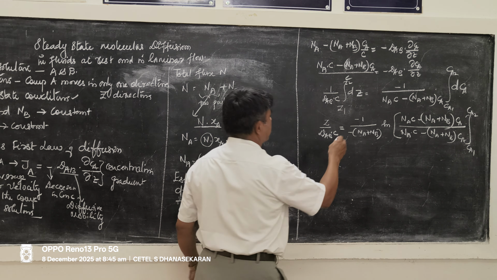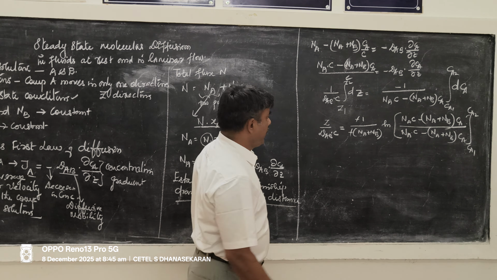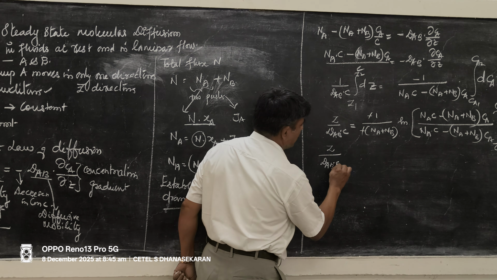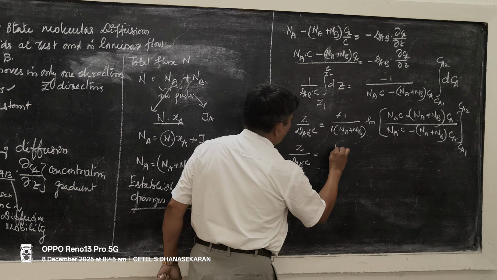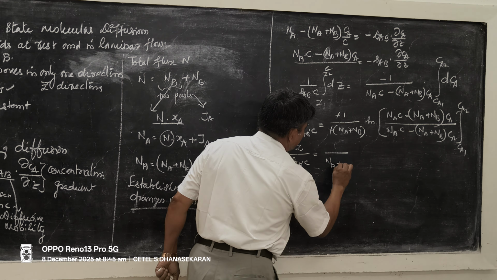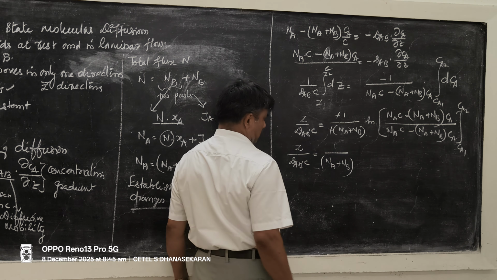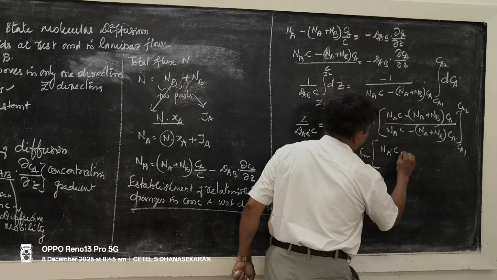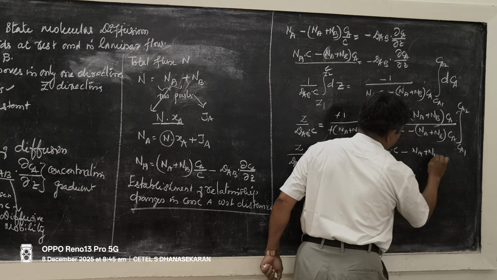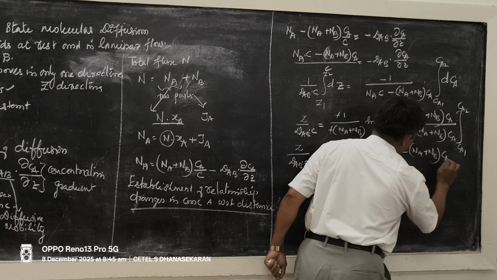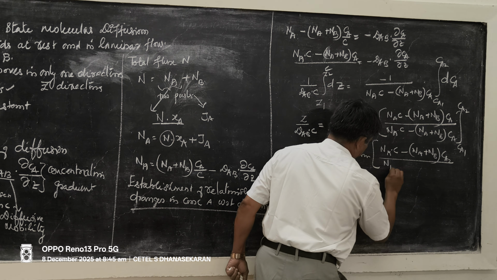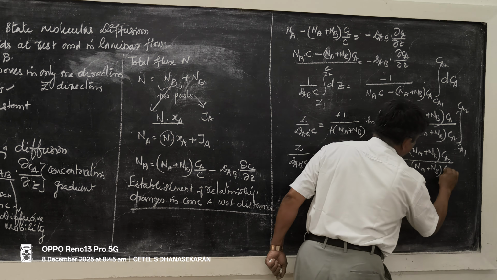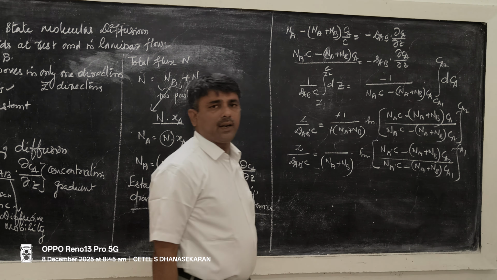Okay, minus minus gets cancelled. The remaining things are Z into DAB into C is equal to 1 divided by (Na plus Nb) into ln of (Na into C minus (Na plus Nb) into Ca2) whole divided by (Na into C minus (Na plus Nb) into Ca1). This is the final formula.